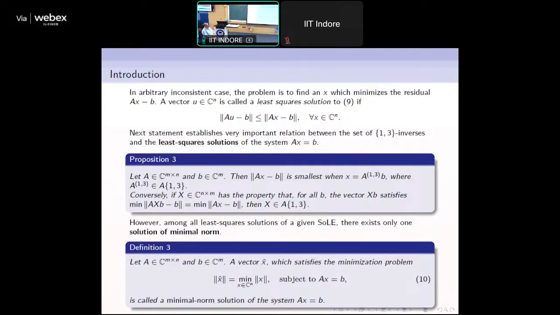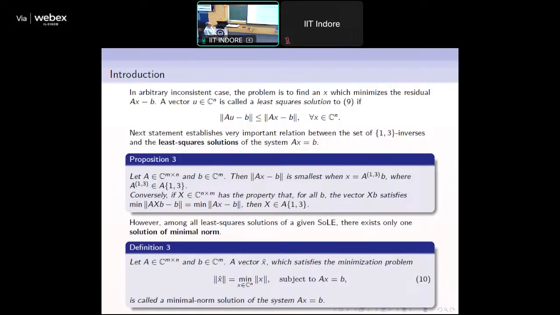Least squares solutions satisfy this condition: an arbitrary least squares solution u must satisfy the norm of Au minus B being less than or equal to the norm of AX minus B. An important property is given in proposition 3, and it says that {1,3} inverses, satisfying equation 1 and equation 3, are related to least squares solutions.